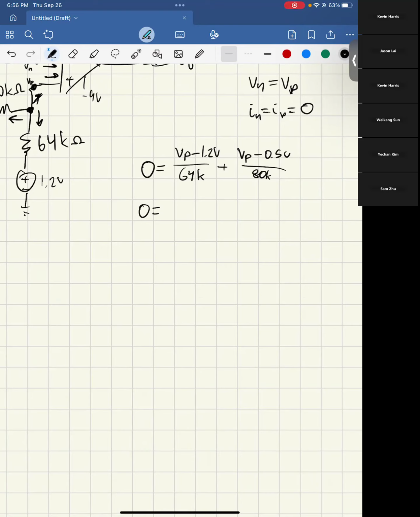Multiply both of these by, however you want to do the algebra.